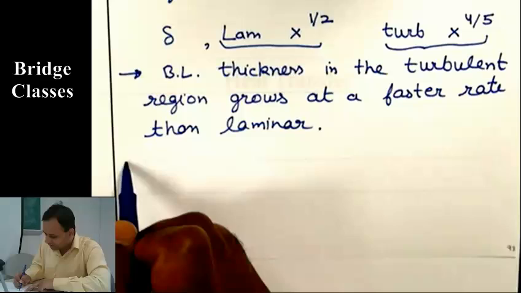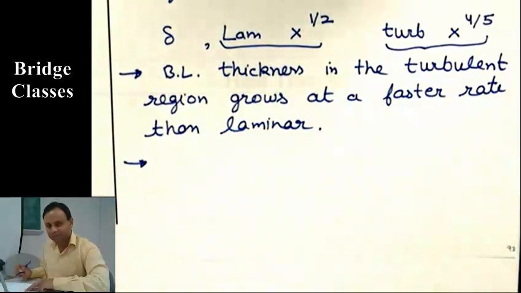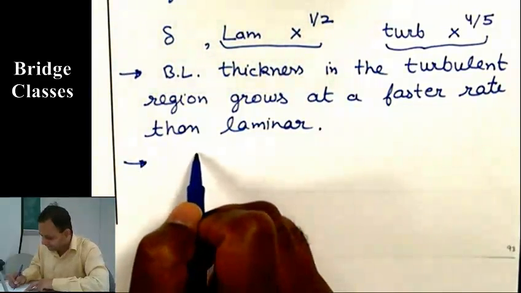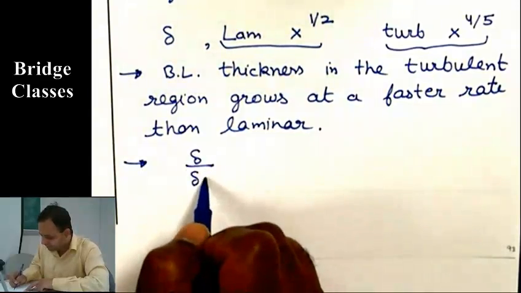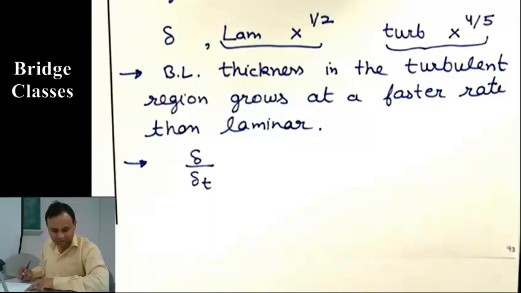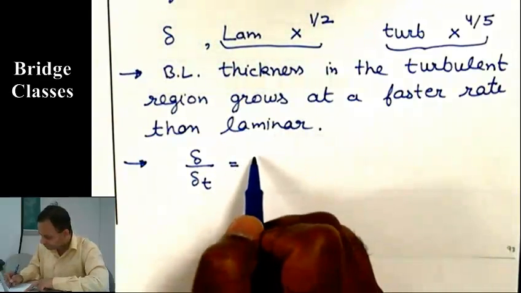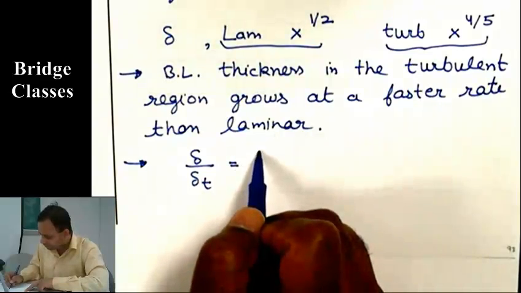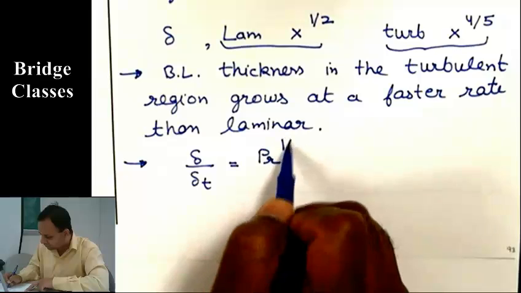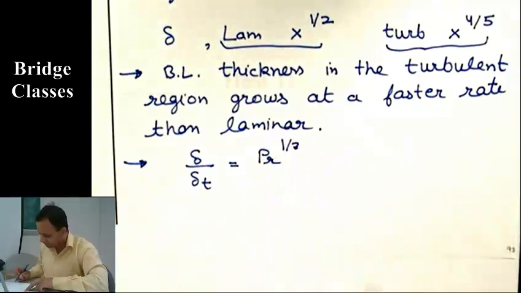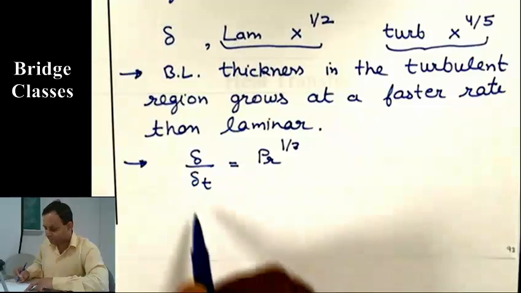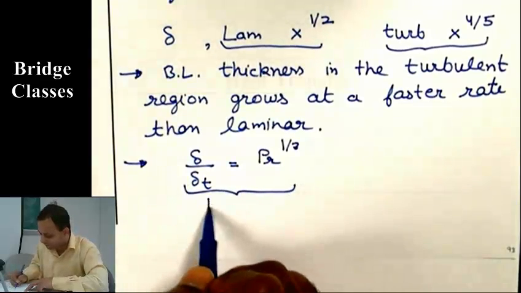And another point is, if we compare delta and delta t, you see the ratio of delta to delta t, we talked about this previously. This was Prandtl number to the power 1/3. Let's see if that is right. Yeah, it was Prandtl number to the power 1/3. This was for laminar.